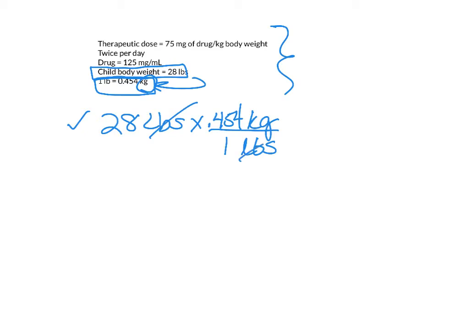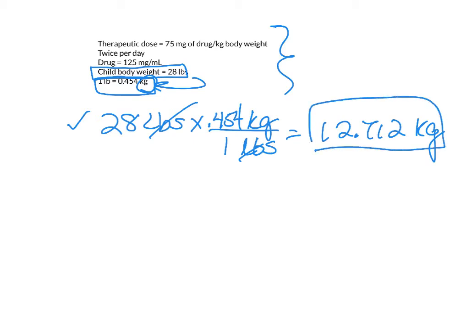All right, so the pounds cancel, and when I plug that into my calculator, I get that 28 pounds equals 12.712 kilograms. I am not going to account for sig figs until the very end because it's a multi-step calculation. So now I have the child's body weight in kilograms.